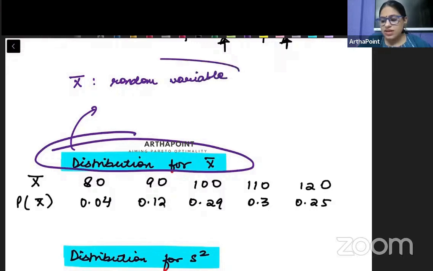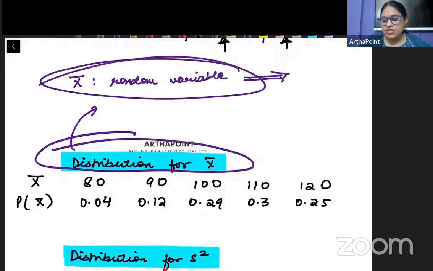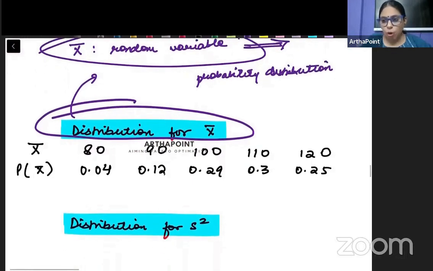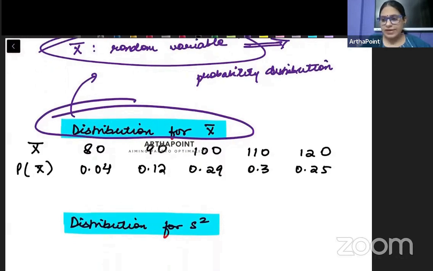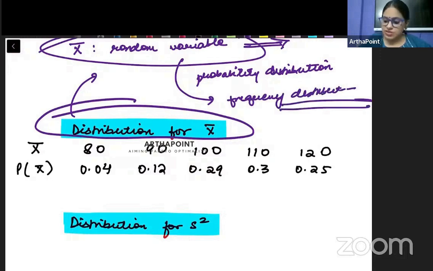So you need to understand that any random variable is associated with a probability distribution. And in order to understand the probability distribution of the sample mean, what will we have to do? We would need its frequency distribution.